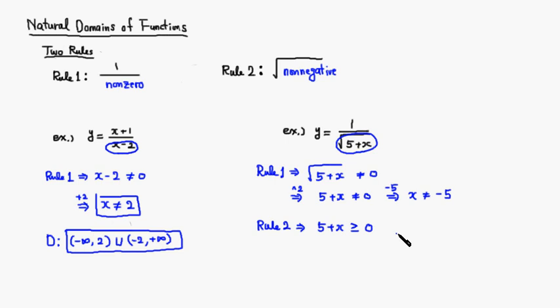Then we can simplify by subtracting 5 from both sides of the inequality. You get x is greater than or equal to negative 5.